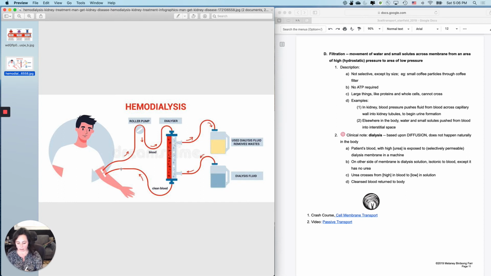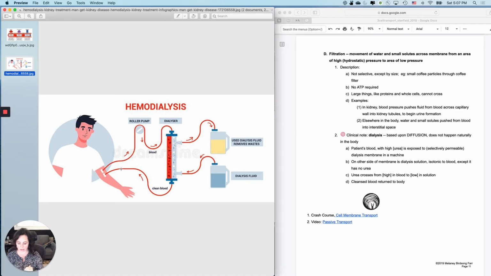So let's look at how that would work. This picture is going to be hemodialysis. We're going to take the blood out of a person who's having some kidney problems, like in the picture you just saw, and we're going to put it through a dialysis machine.